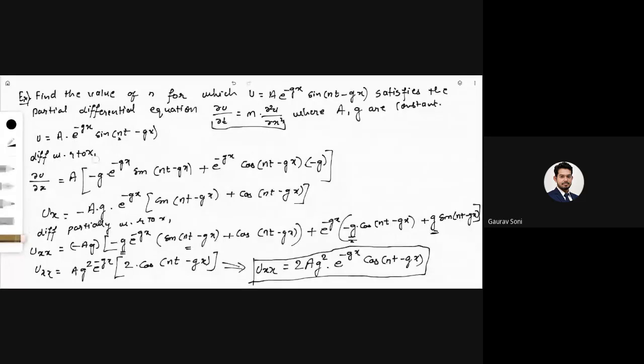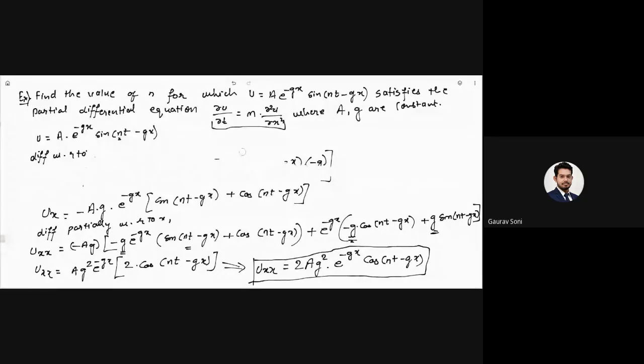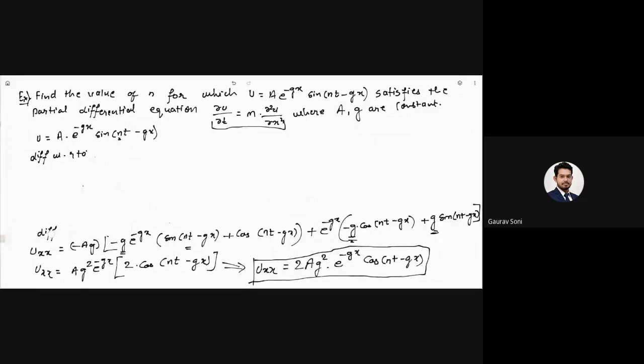Now I have made a square to this, so I will change the differentiation now. Now I will differentiate with respect to t. So u with respect to t is equal to A into e to the power minus gx as it is.